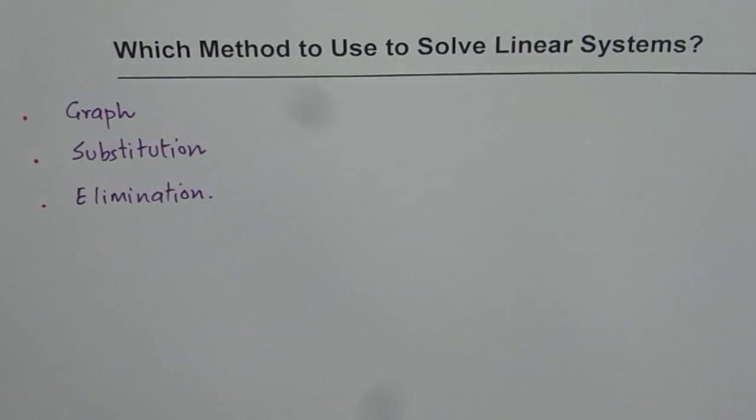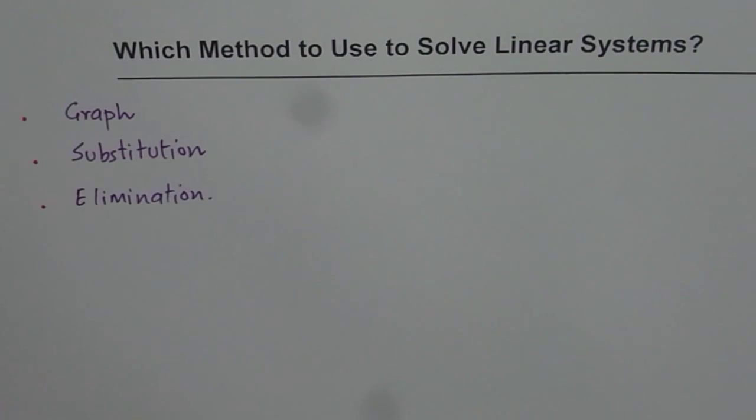So these three methods we have learned so far. There are other methods also, like matrix, which we can use to solve linear systems, about which we will discuss later. Now these are the three methods which are normally used at this level to solve linear systems.